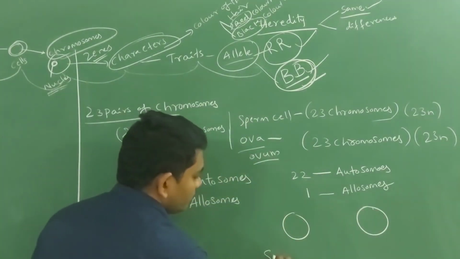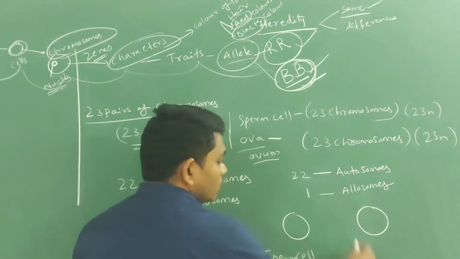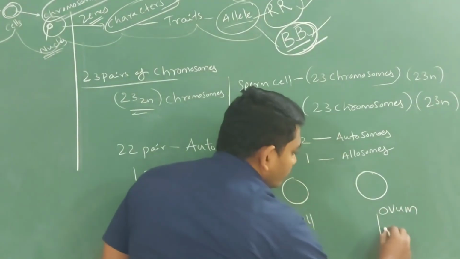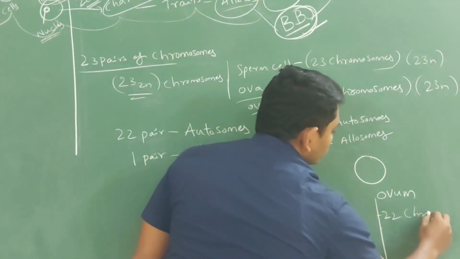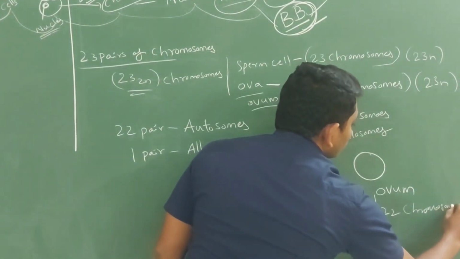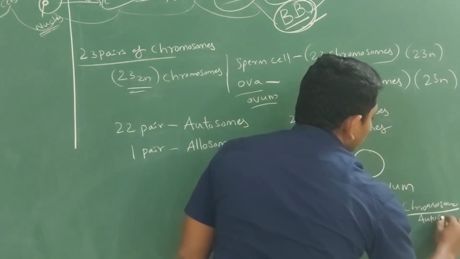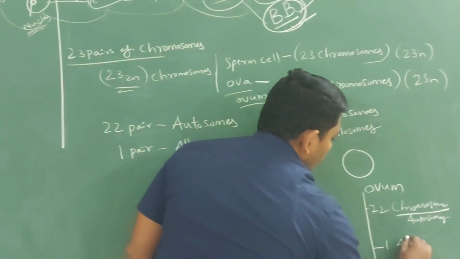This is the sperm cell. This is the ovum. It contains 22 autosomes and one allosome.